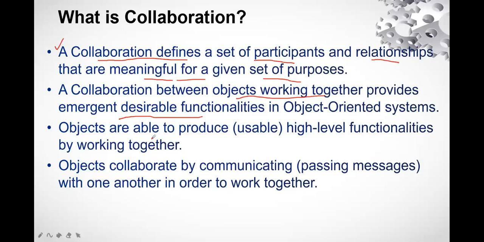Now, objects are able to produce high level functionalities by working together. When we consider only one object, all the activities and functionalities are not very clear until I talk about the second object that is going to interact with it.